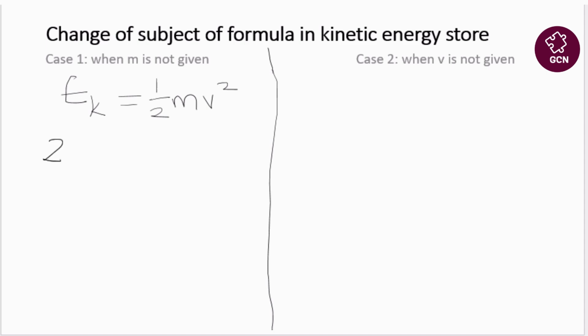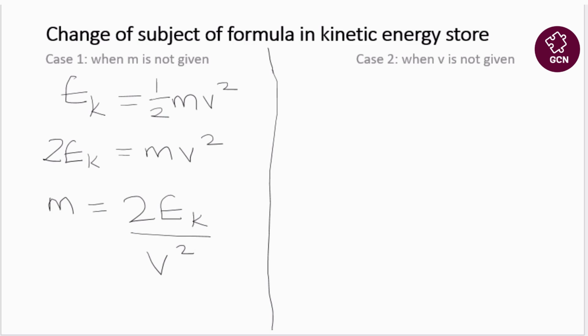We have 2 E subscript K is equal to mv squared. Sorry, we have 2 E subscript K over v squared, and this is what we need to apply whenever we are given the kinetic energy value and then we are given v, which is the speed.